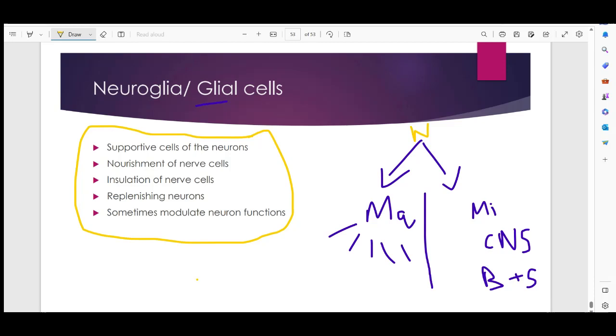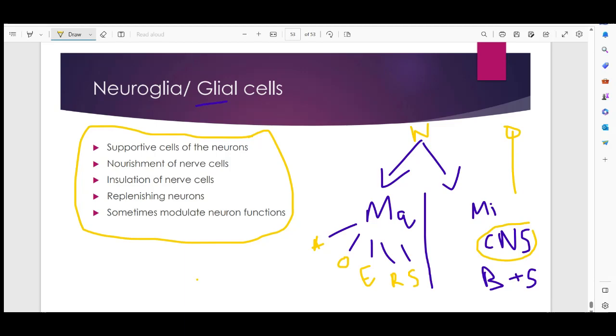Microglia are present in the central nervous system, the brain and the spinal cord, and macroglia are present all over the body. Basically there are 5 types: astrocytes, oligodendrocytes, ependymal cells, radial cells or radial glia, and satellite cells. Those are the 5 types of macroglia. You don't need them.